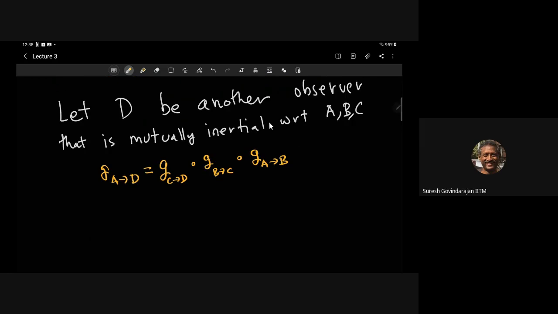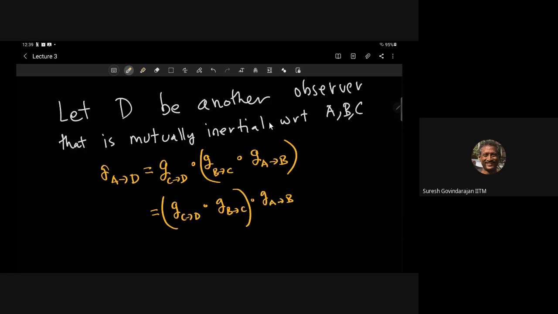There are 2 ways I can do this. I should put brackets. So let me write this again and then put brackets. So here what I'm doing is you do this composition first, G B to C, G A to B, and we can also do it this way.